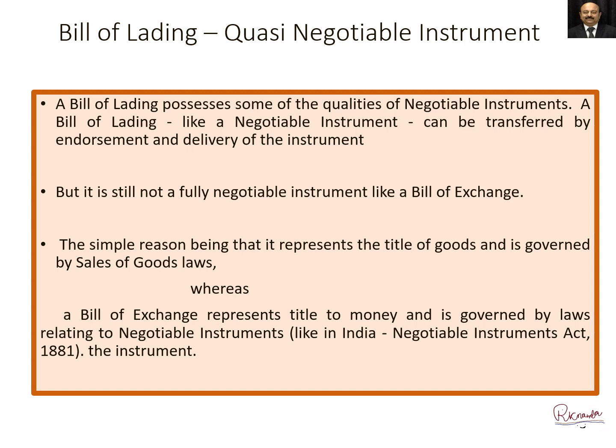So it actually represents title to goods, and is different from a bill of exchange in the sense that a bill of exchange can be traded, this cannot be traded. So in a trade transaction, generally when a bill of exchange is coupled with the transport document, then the bill of exchange narrates the conditions of payment, while the bill of lading proves the ownership of title of goods.